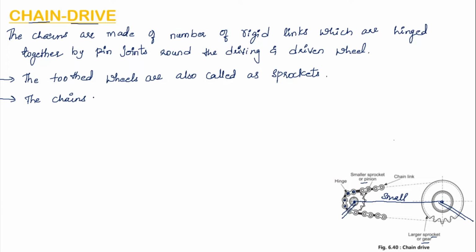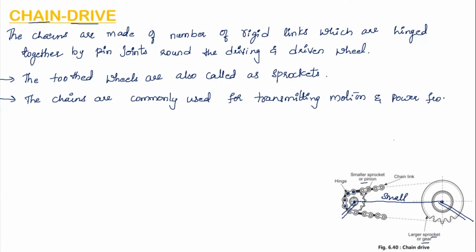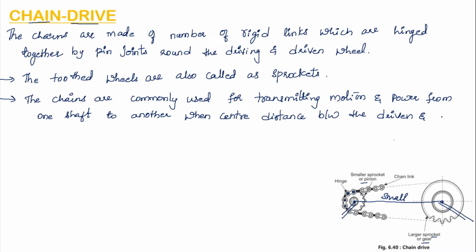The chains are commonly used for transmitting motion and power from one shaft to another when the center distance between the driven and driving shaft is small, and also when 100% positive power transmission is required.